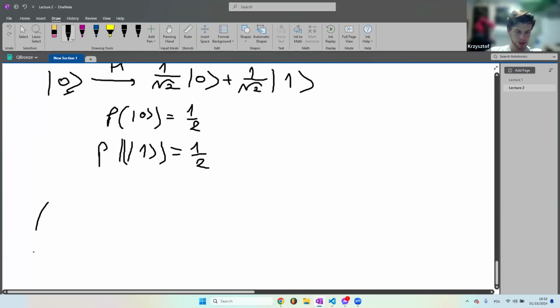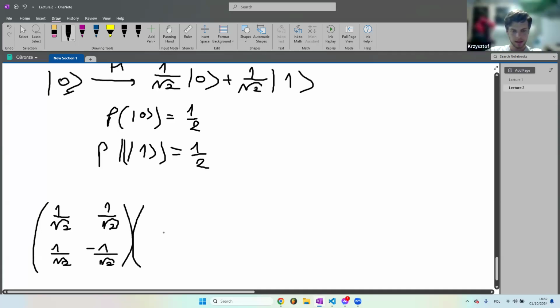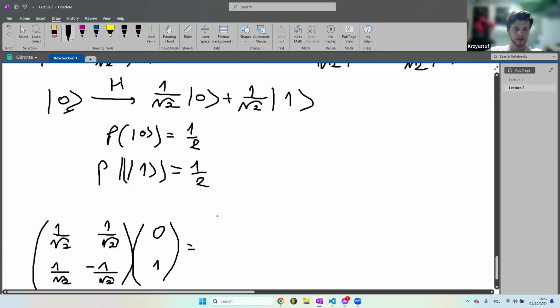So now let's review how this Hadamard gate operates on state 1. Let me once again rewrite the Hadamard gate, where the last entry is now minus 1 over square root of 2. And this now operates on this vector.